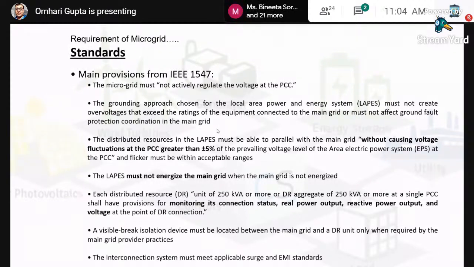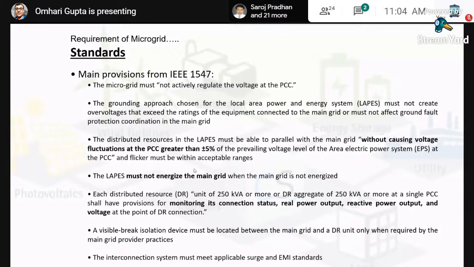So once you detect islanding, you just have to disconnect yourself from the rest of the network, because islanding may happen due to a fault at any location of the system. You do not know that location, so what to do? Immediately you have to identify that islanding has occurred and disconnect your local network as soon as possible.